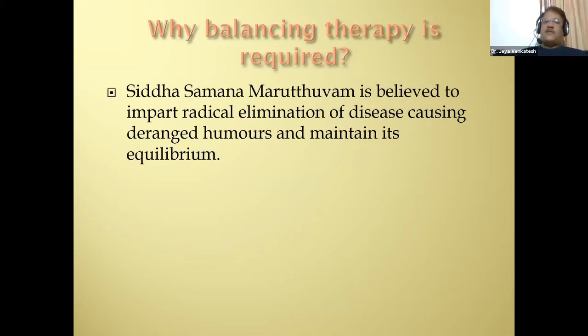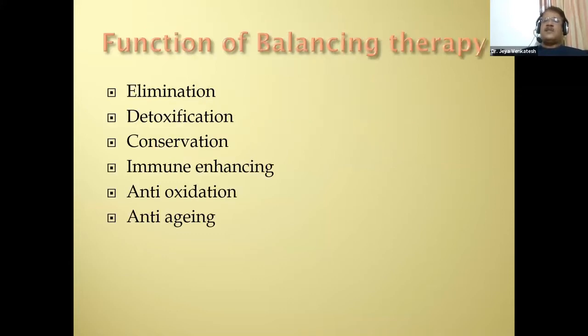So we have to use some detoxification therapies to eliminate the humors which are dominant in nature and causing some diseases, to maintain its equilibrium. How are we balancing the body? That is elimination. A lot of elimination methods.